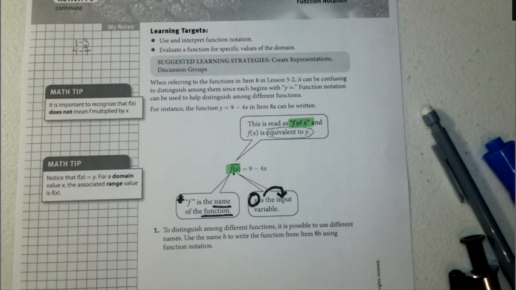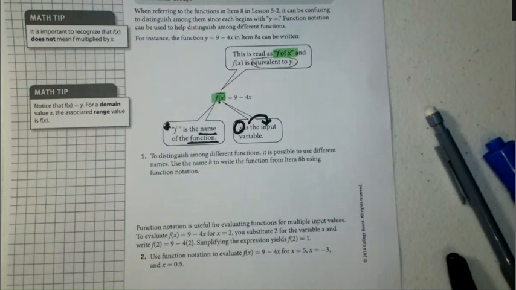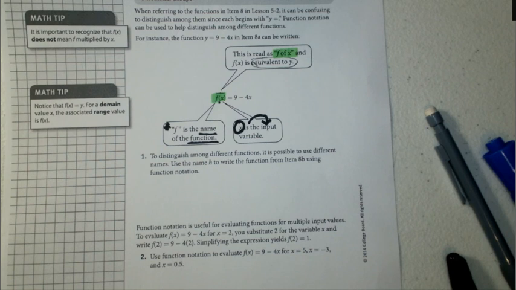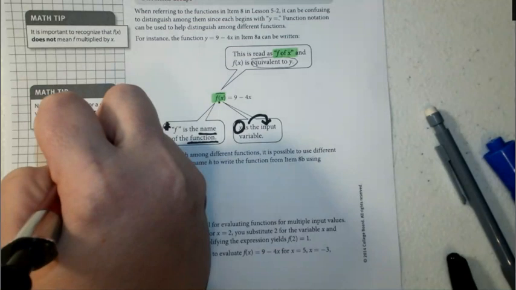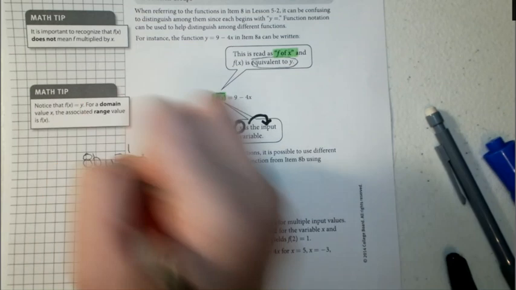Okay? So let's make a note of question number 1, and I will work through these with you. Number 1 states, to distinguish among different functions, it is possible to use different names. Use the name h to write the function from item 8b using function notation. And I'm going to pull over 8b. 8b said, I'm going to write this over here, y equals 1 over x.